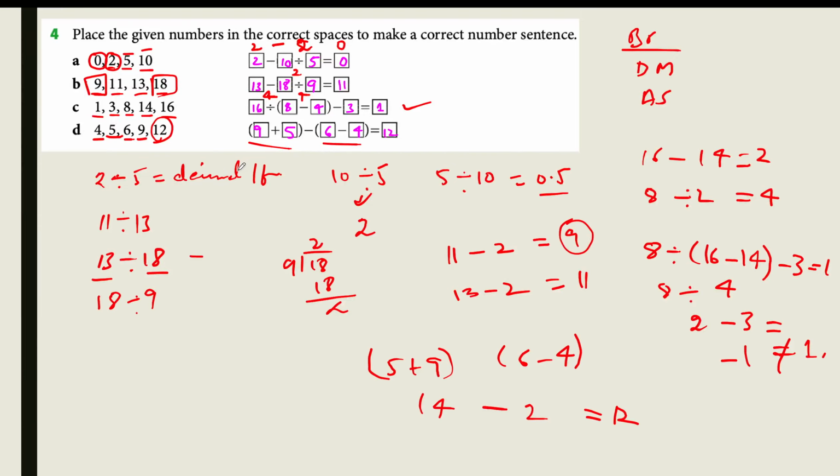However, when you're solving the questions, make sure that the subtraction or the division is taking place between 2 numbers in a way that is not giving you any decimal number or any fractions or any negative number, because in the set we have all positive numbers.